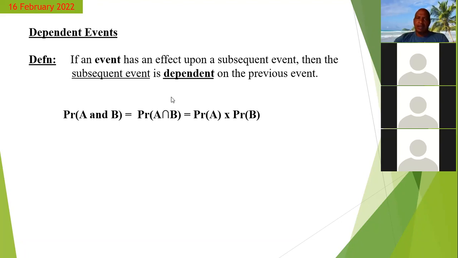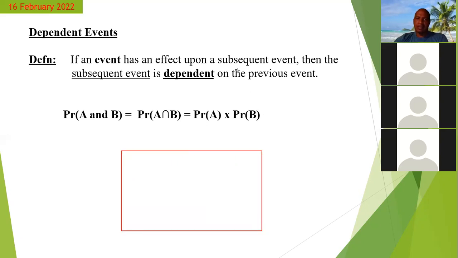All right, so let me give an illustration of what happens in a dependent event. I want to use some drawings to help you see what is happening. So let's say we have a box with some marbles.